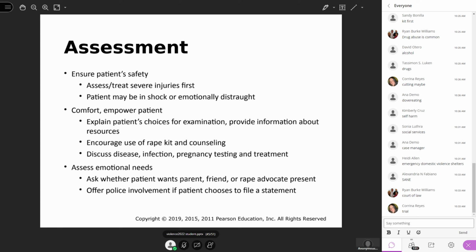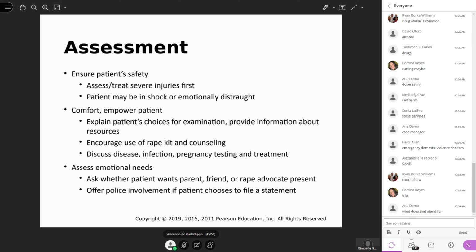It has to be collected in a manner in which it cannot be disputed, tampered with, or contaminated.